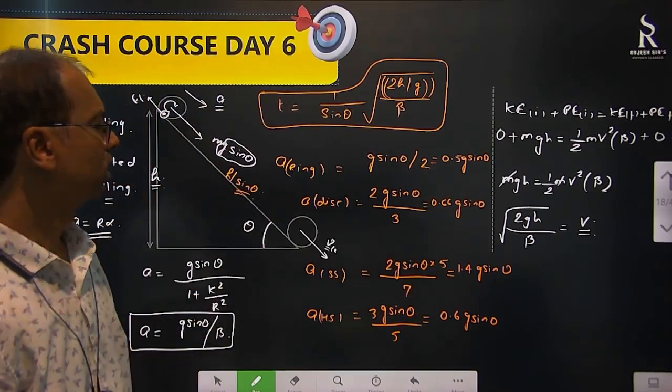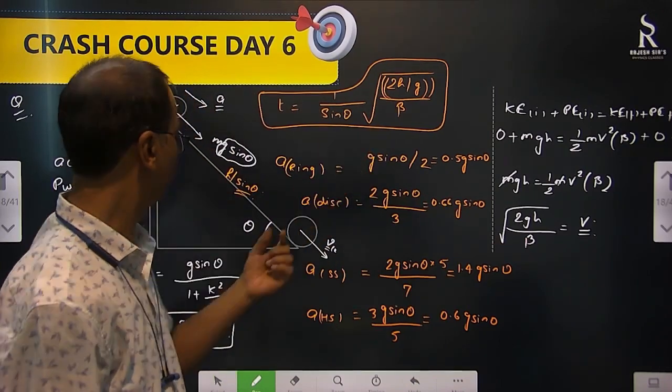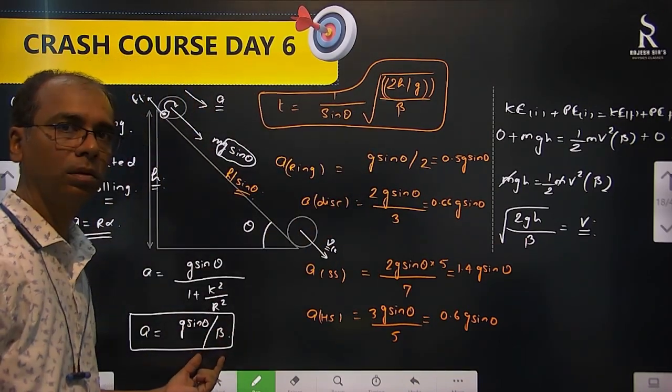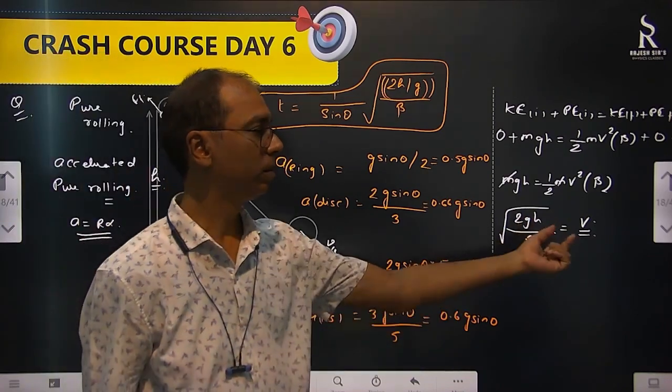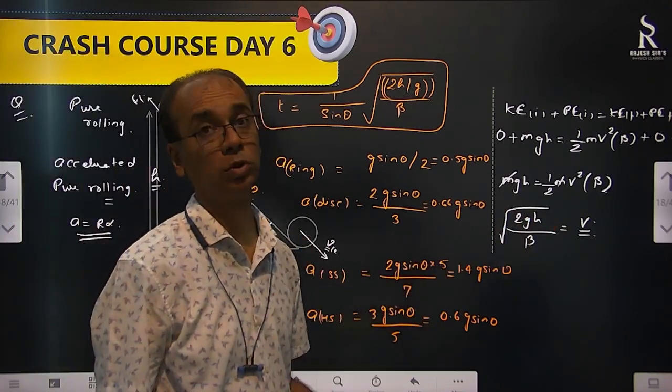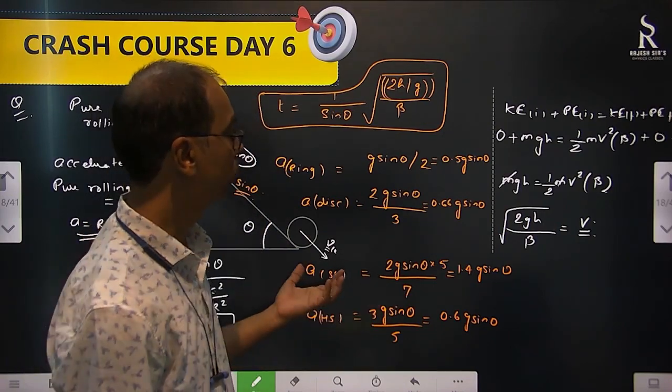What about velocity? Same thing actually, because here also beta is in the denominator. So whose velocity will be more? Whose beta is least?